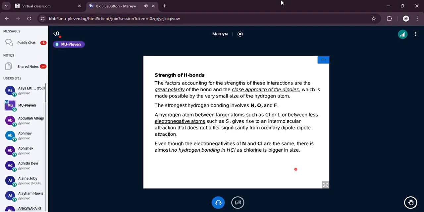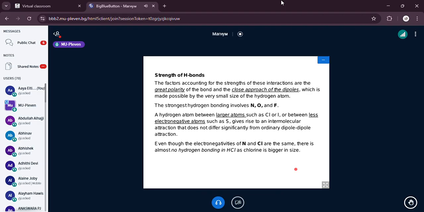So, bonds in which nitrogen, oxygen and fluorine atoms participate. If we talk about electronegativities, the most electronegative atom is fluorine. Also, large electronegativities possess nitrogen and oxygen atoms.